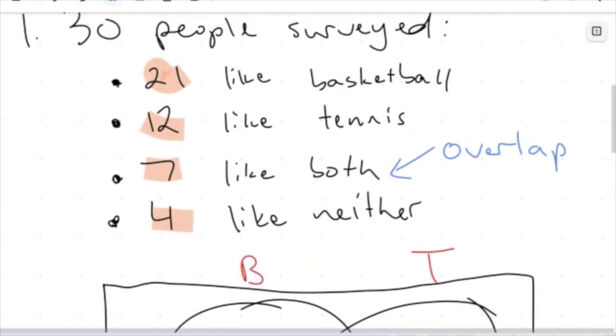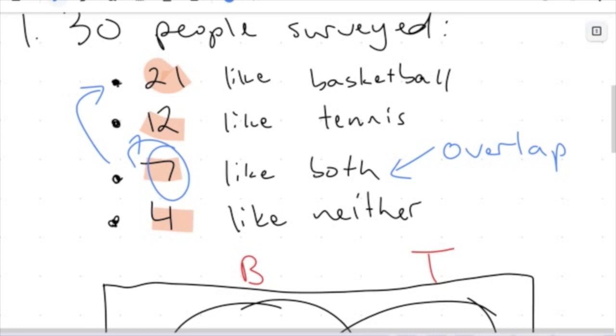But in this group of 7, these 7 people that like both belong to both the 21 as well as the 12. So that means 7 out of the 12 people that like tennis also like basketball. Similarly, 7 out of the 21 people that like basketball also like tennis.